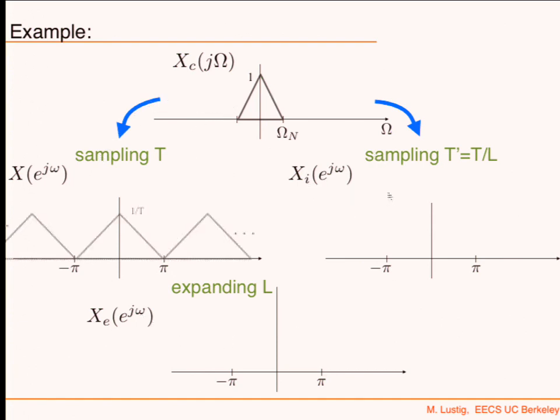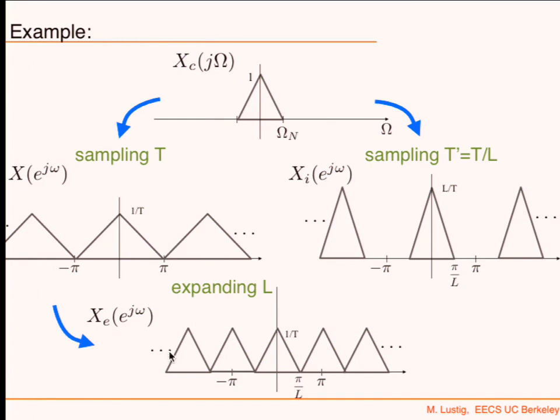Sampling with period T will give me a scaling of 1 over T and a signal from minus pi to pi, where the band edge corresponds to Ω_N. Now if I sample at T over L, I get L over T amplitude, and my signal reaches up to pi over L. When I expand, it compresses the spectrum by a factor of L, so my spectrum has replicas.